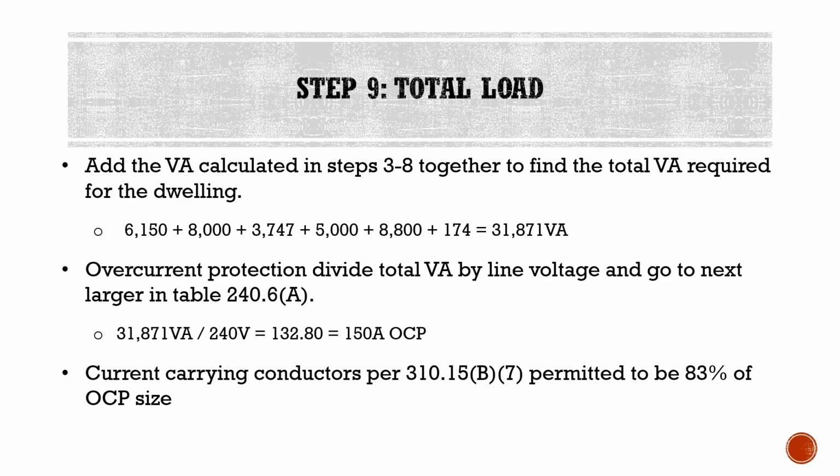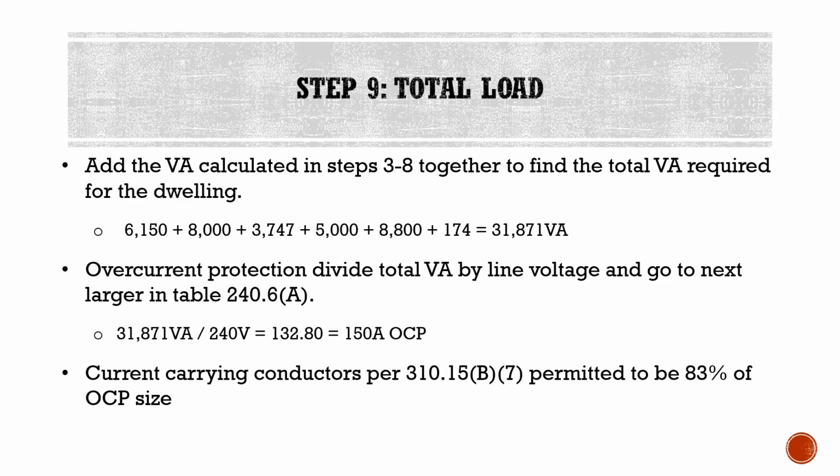Next, to size our current carrying conductors for the service, we of course would be going to 310.15(B)(16) to pick out a wire size, and since we're over 100 amps, or for a service, we're going to be using our 75 degrees Celsius column.